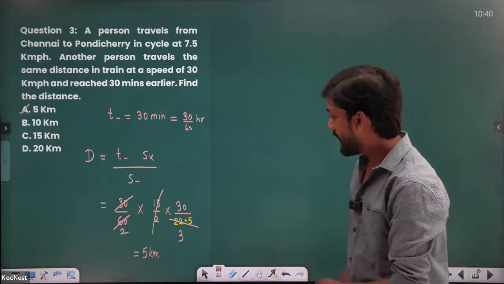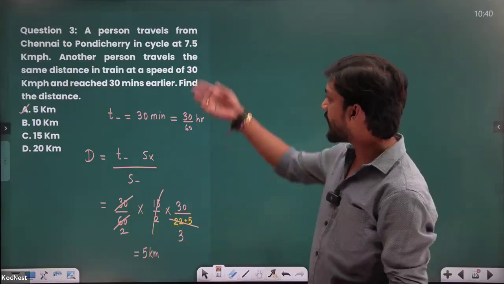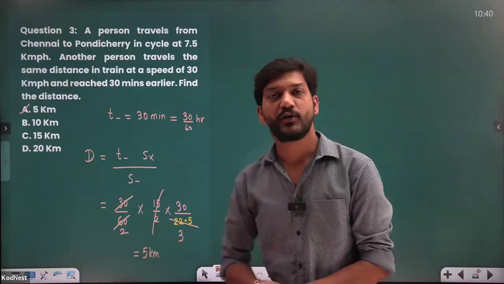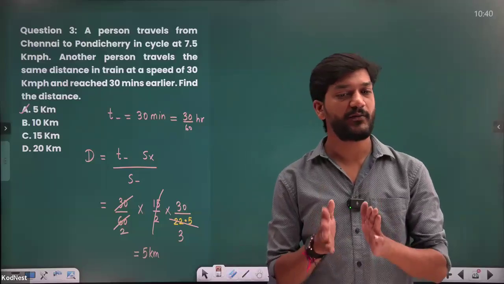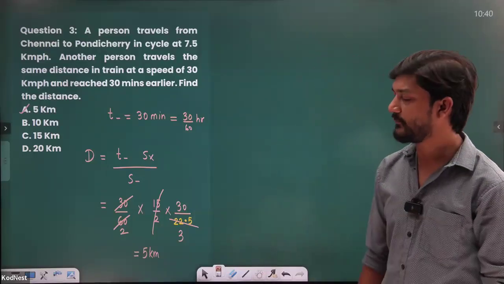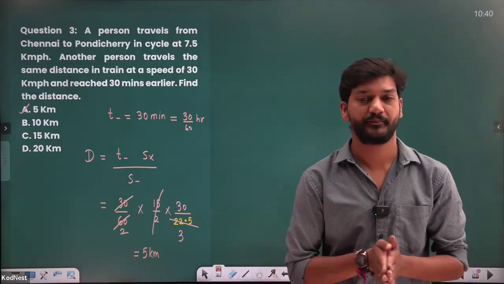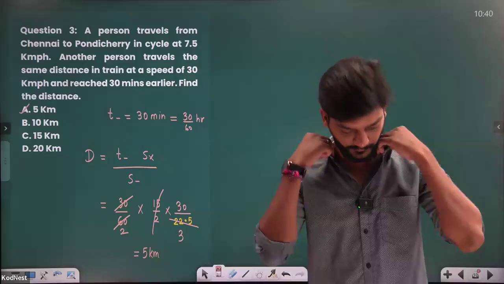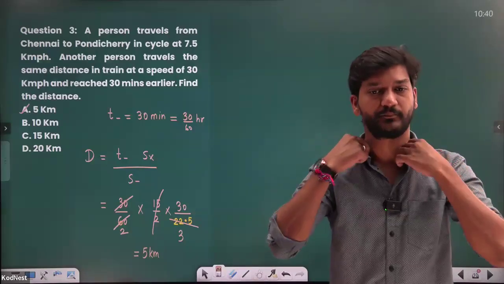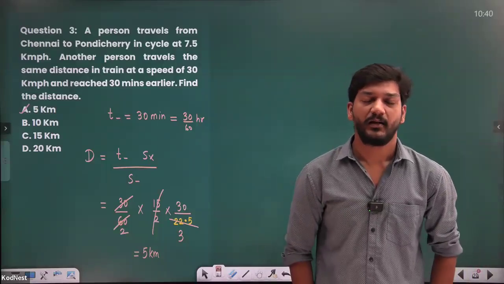So A option, 5 kilometers I will get. Okay. If there is anything confusing with 22.5, because difference is coming out to be decimal, you can write 22.5 as 45 by 2 also for simplification. So carefully see please. Anything so far doubtful? All right.